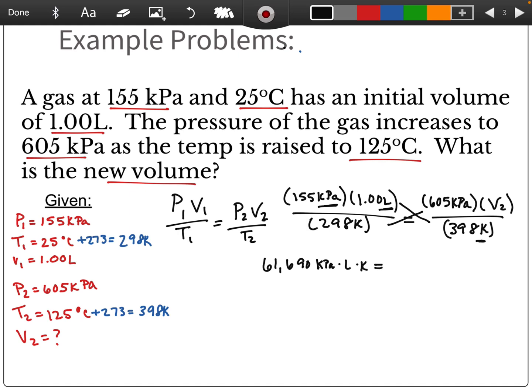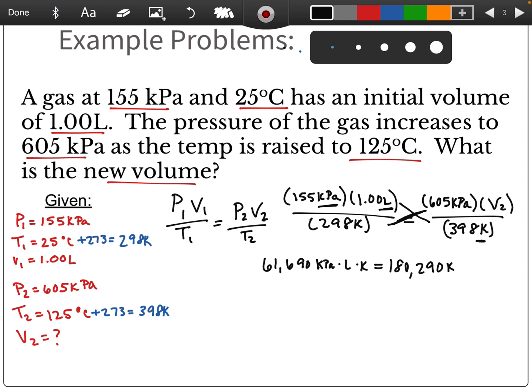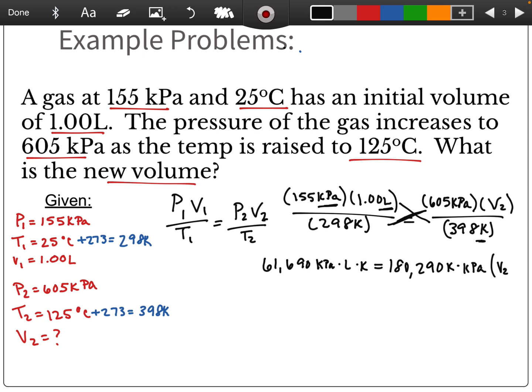And then we're going to multiply in the other direction. So 298 times 605, which is 180,290. Again, the units do not cancel out. So we have Kelvin times kPa, and then times V2, which we don't know.